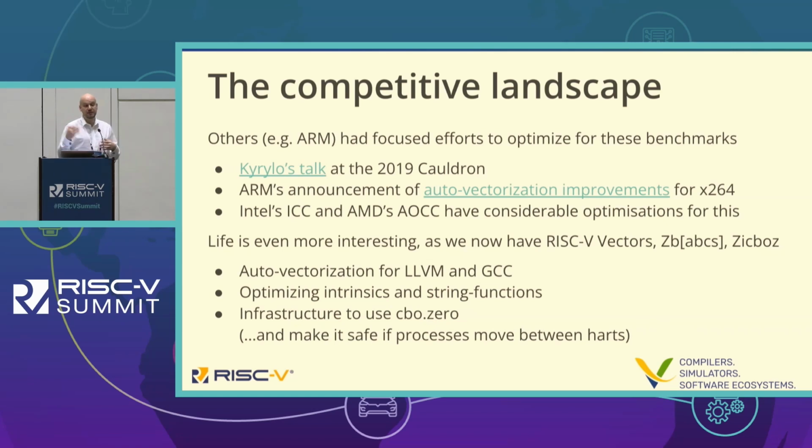For us, as I mentioned before, life is going to be even more interesting than for some others because we've just ratified vectors. We have vectorizable workloads, and Intel, AMD, ARM are playing a game of catch-up to see who is the best and also who gets the best ISA extension and ISA instructions and compiler support into it for these benchmarks.